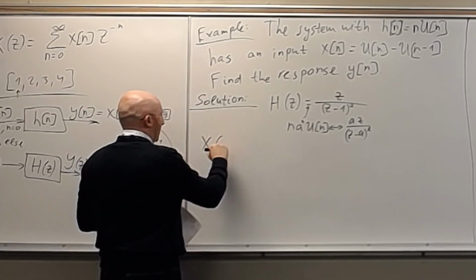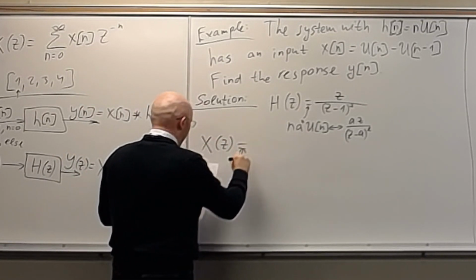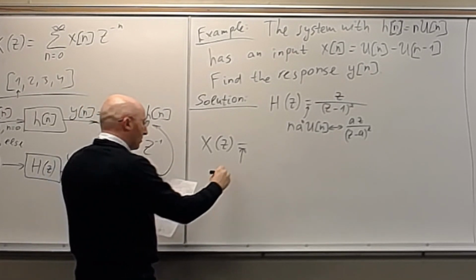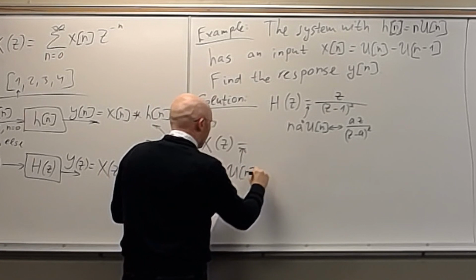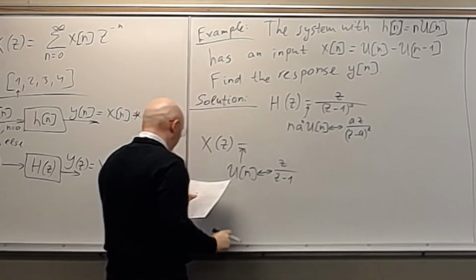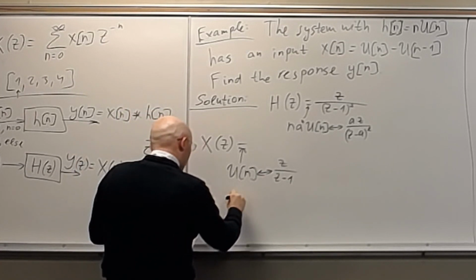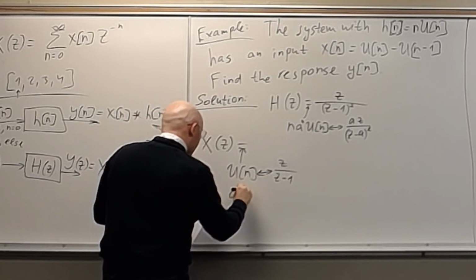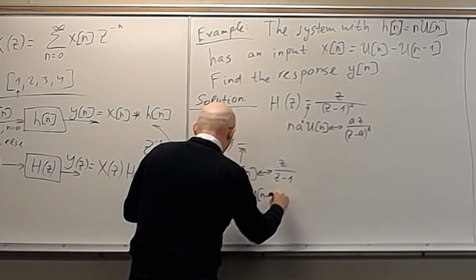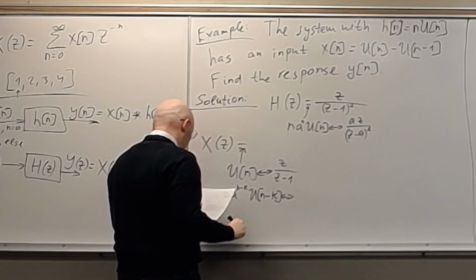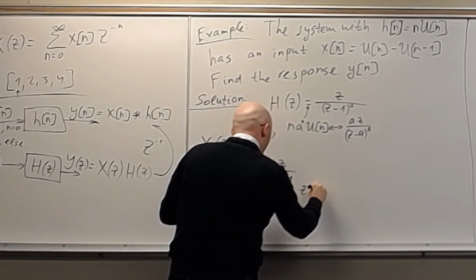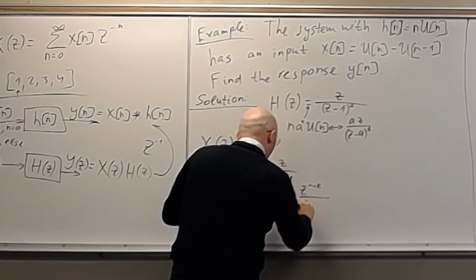Okay, x of z. For x of z, it looks like that. So u of n is transformed into z over z minus 1, and from the table, u of n minus k is transformed into z to the power of 1 minus k divided by z minus a.